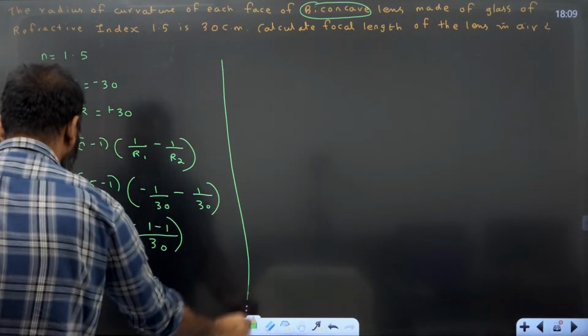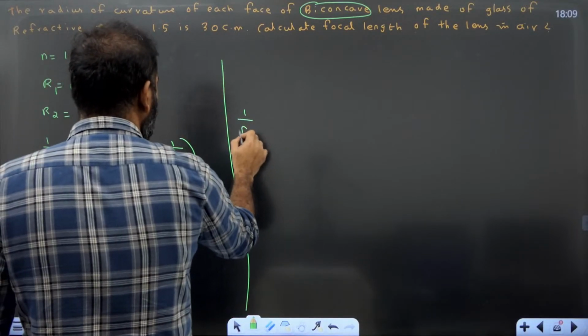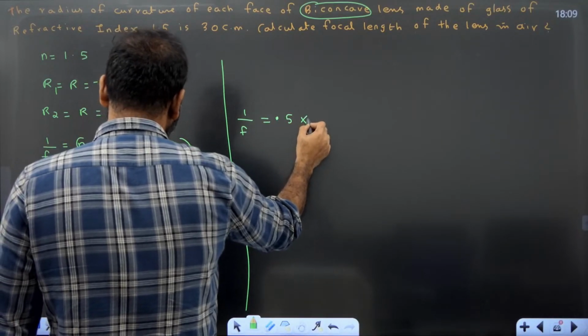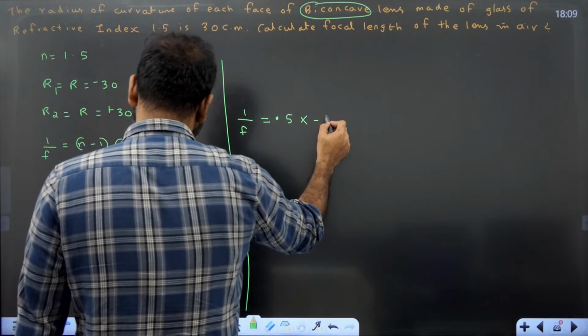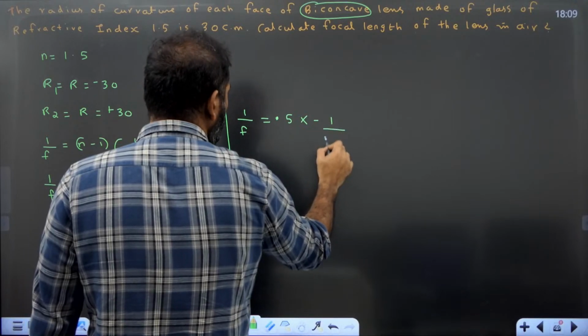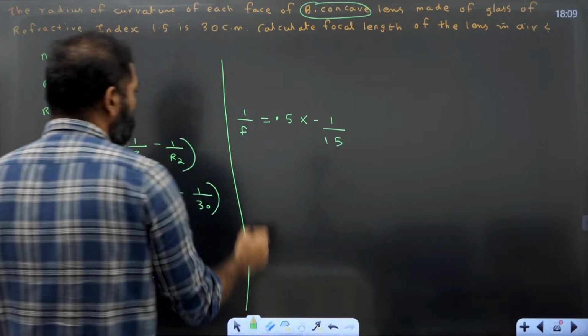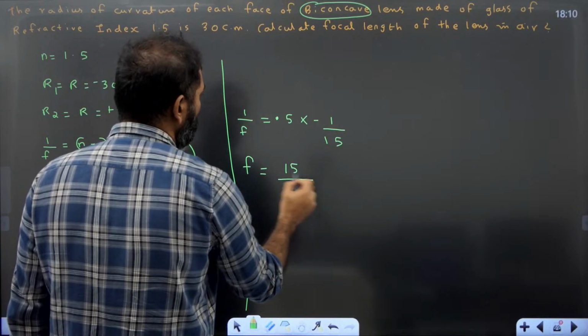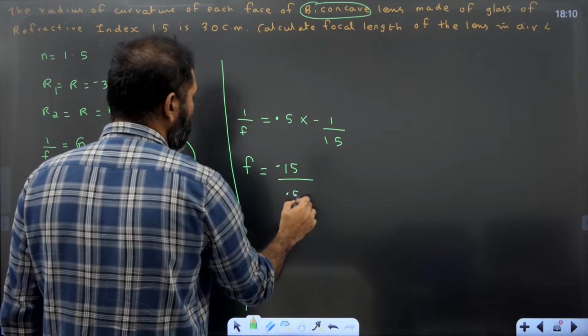So 1 by f is equal to 0.5 into minus 1 by 15.